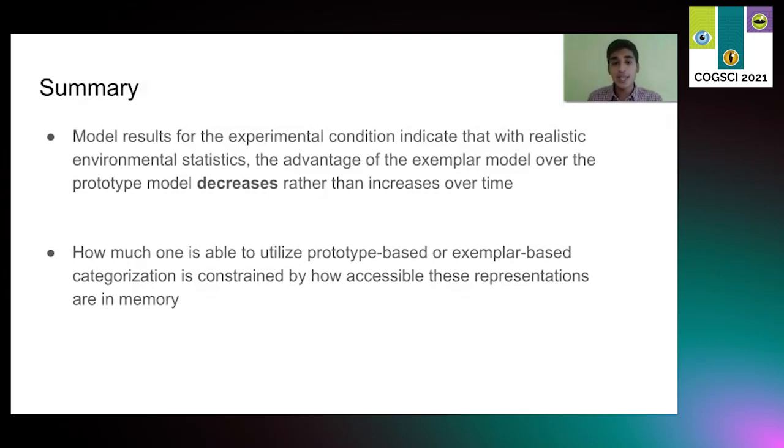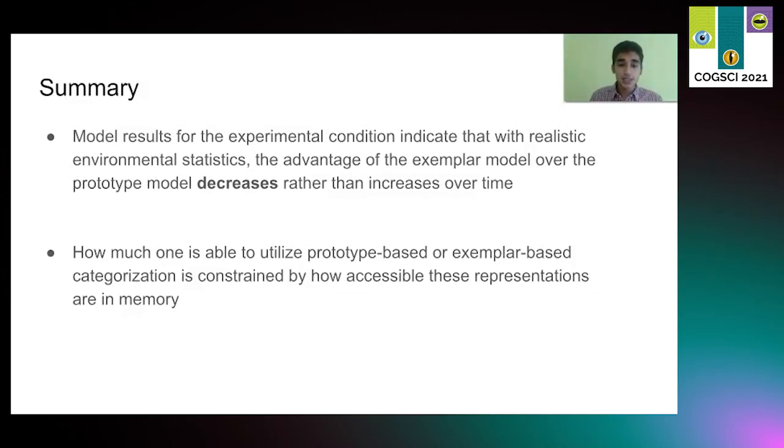How much one is able to utilize prototype-based or exemplar-based categorization is constrained by how accessible these representations are in memory. Our results help to reconcile the findings from categorization and memory literatures.